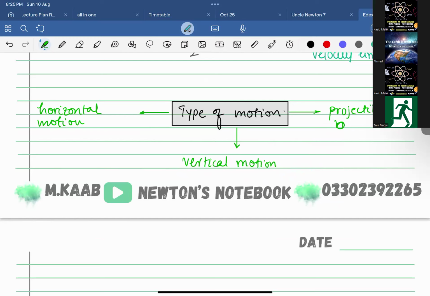And this is going to be the new thing to you, I think. The vertical motion would be new to you, or maybe not. There are some questions in O Levels at Edexcel, but yes.